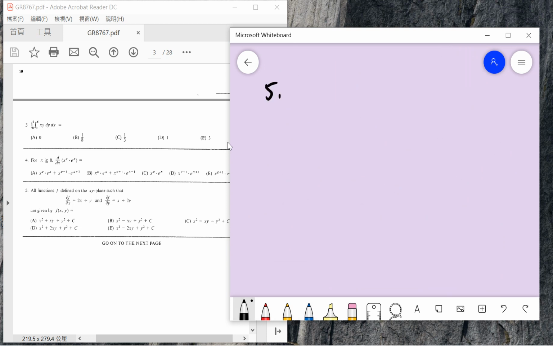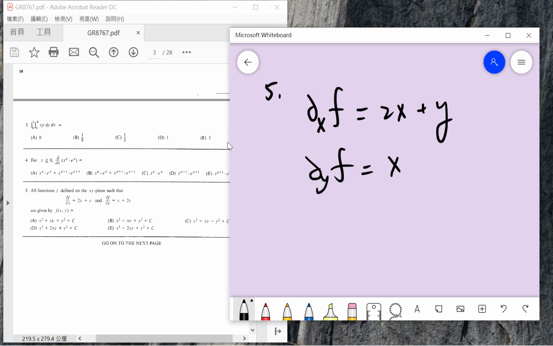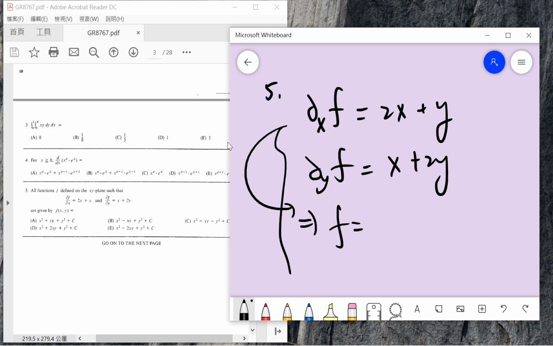Number 5. So partial f over partial x is 2x plus y. Partial f over partial y is x plus 2y. And do the integration. So this tells you that f is x squared plus xy plus some f1 of y.